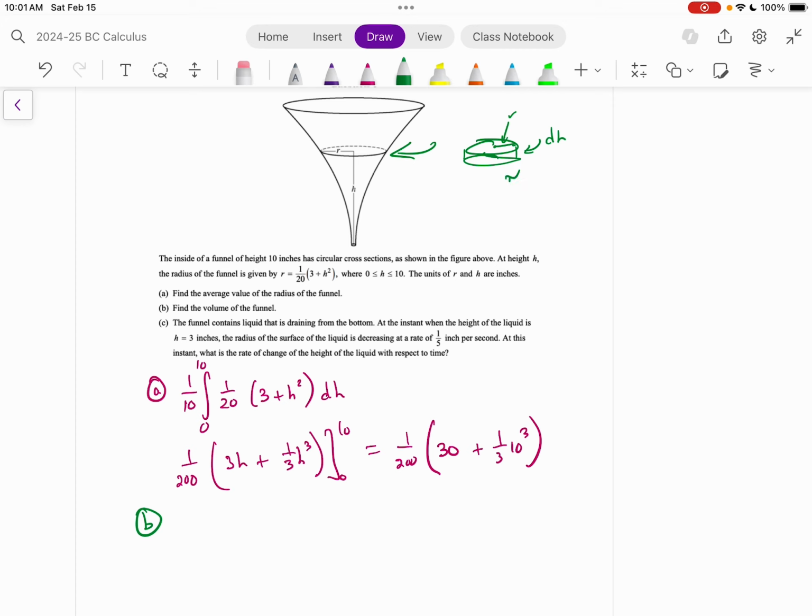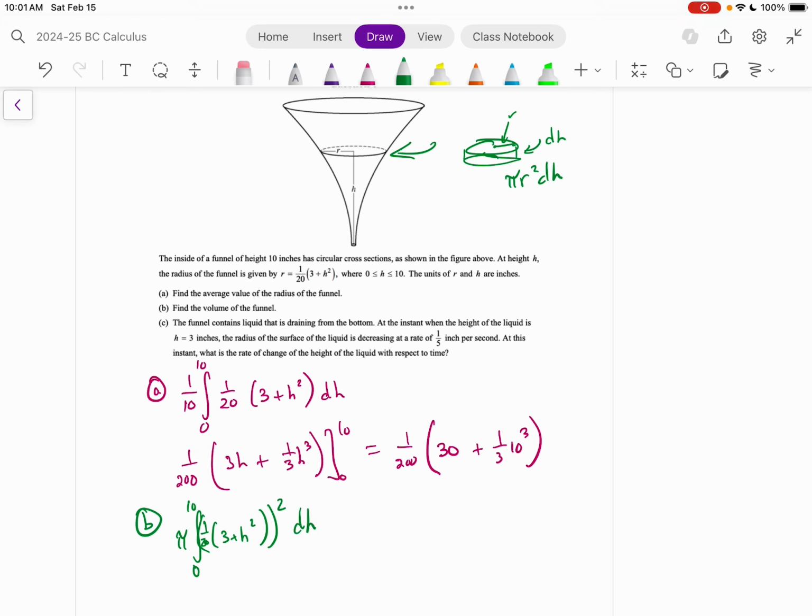So we're going to have pi r squared dh. So that's going to be the integral from 0 to 10 of pi r squared, which is this thing. There's a 1/20th in here, isn't there? Squared dh.